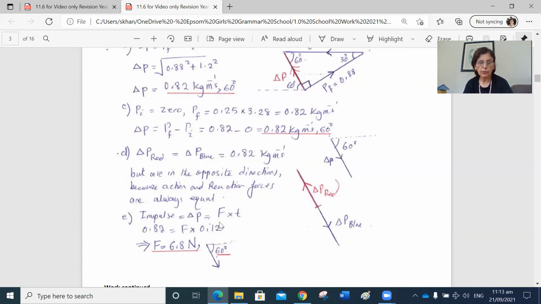If we want to calculate the force, we use the formula impulse equals force times time, which also gives us the direction of the force. That was the force on the blue ball. So that's how we look at the change in momentum in a collision. That's all for this video.